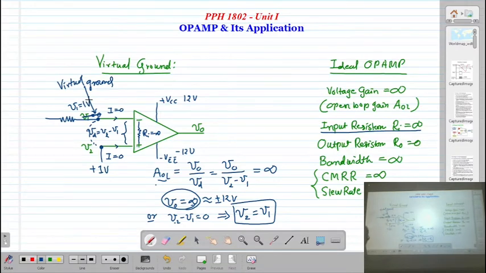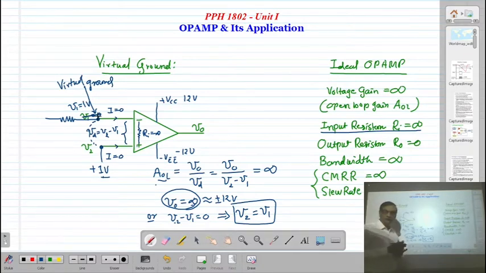Remember, the virtual ground will be there only when one of the terminals is connected to the ground. But if we have connected some known voltage to one terminal, then the same potential will appear on the other terminal also. So this is very important when you are applying the virtual ground concept for the analysis of the circuit.